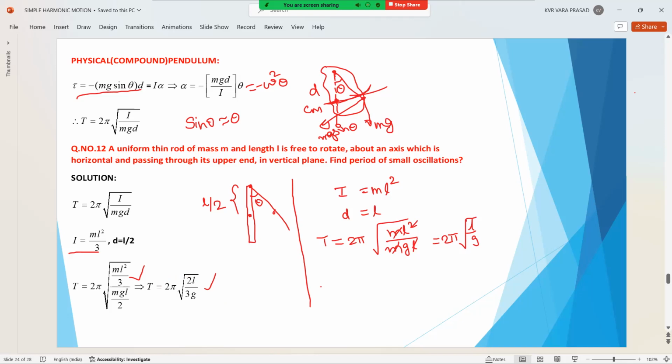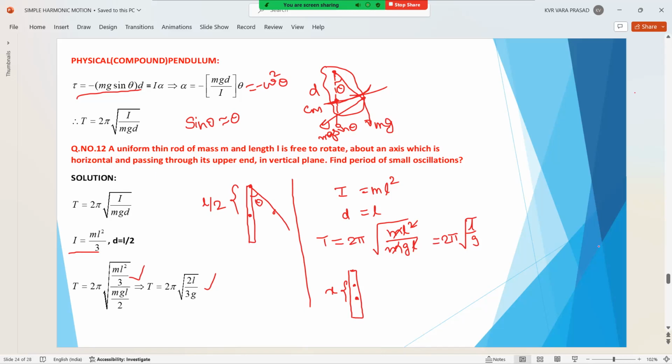I am writing here. Let us take, this is now uniform rod, suspending at a distance, the point of suspension at a distance x from center of mass. Then see where change comes.